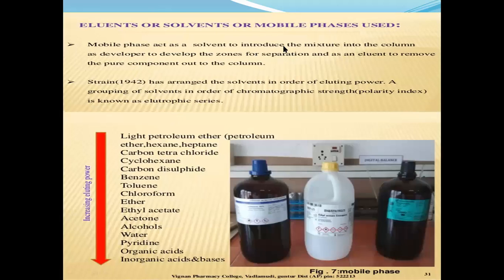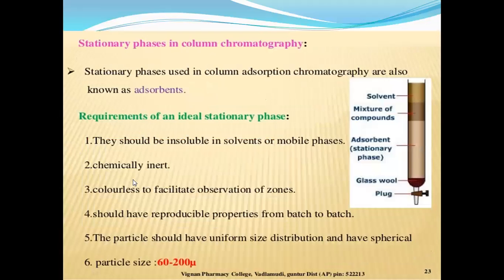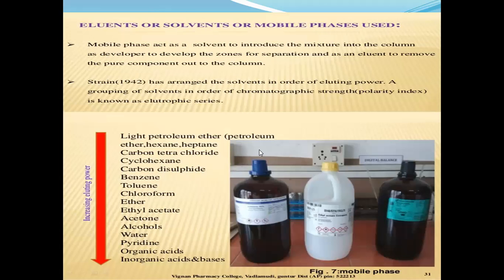And next, the mobile phase. Just now in the previous slide I told you that the stationary phase should be insoluble in our mobile phase. And moreover, chemically inert. Chemically inert means the nature of the stationary phase and mobile phase should be opposite. So if we are using a polar stationary phase, we need to use a non-polar mobile phase.